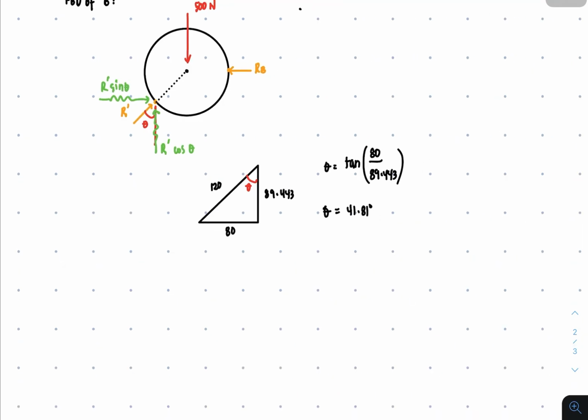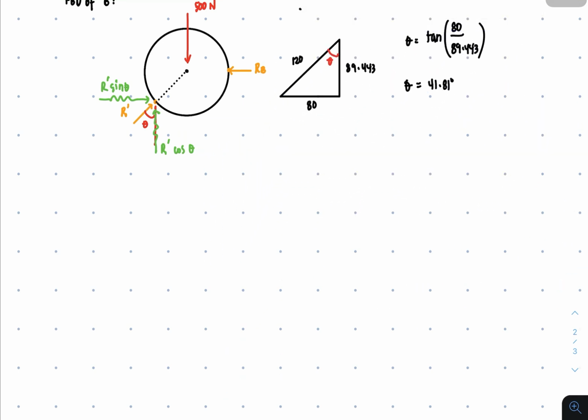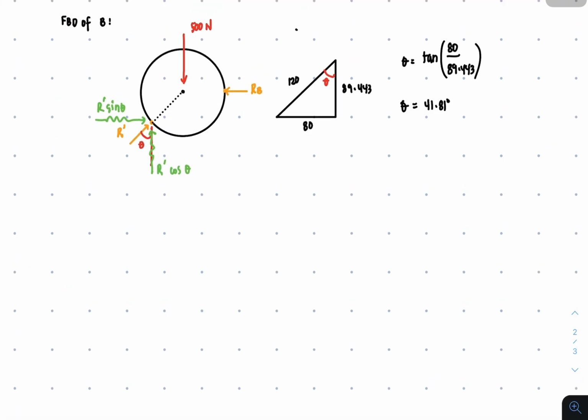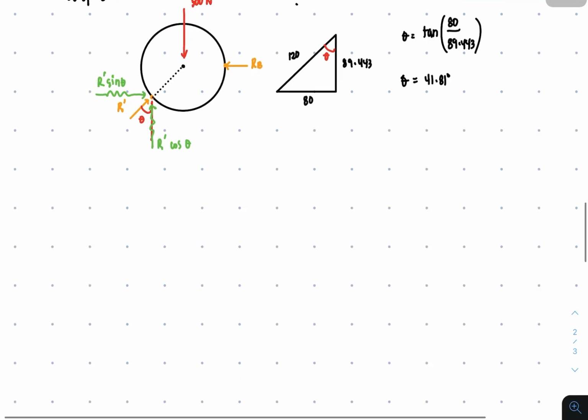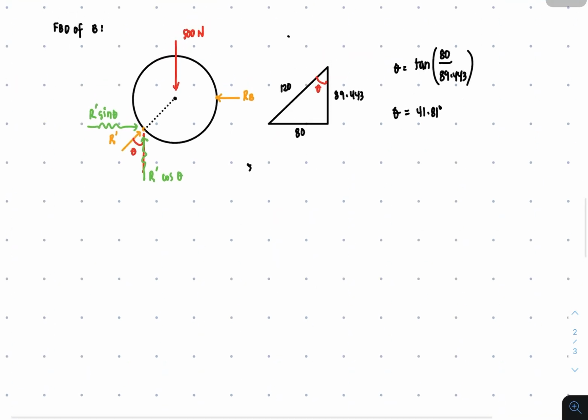Using summation of forces vertical and horizontal, we'd get the value of rb and r prime. So summation of forces vertical equal to 0. We cannot use summation of moment.